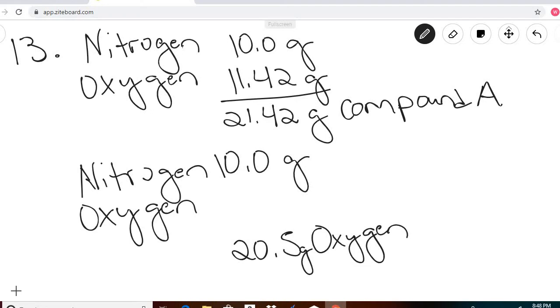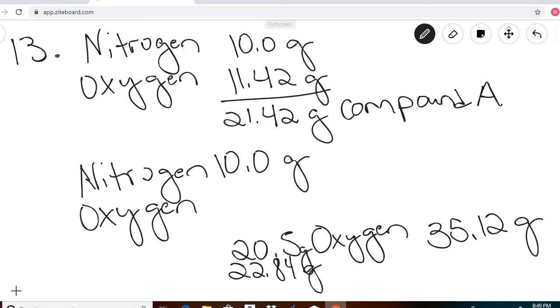Should she use 22.84 grams of oxygen, or should she use 35.12? So those are the 3 choices that we are given.